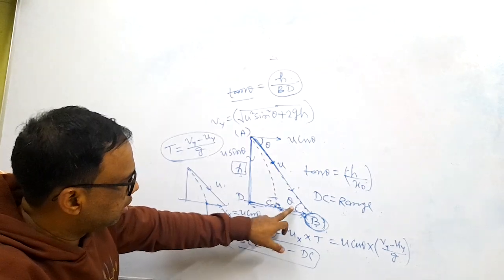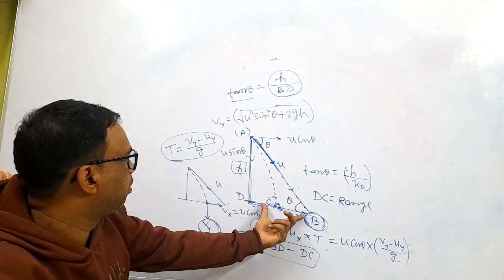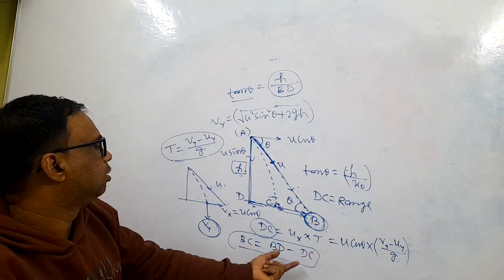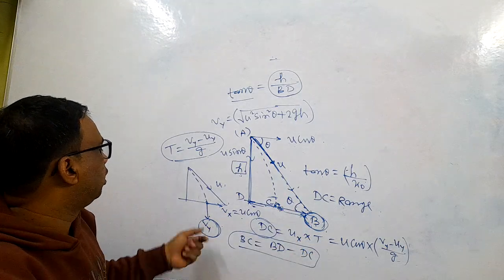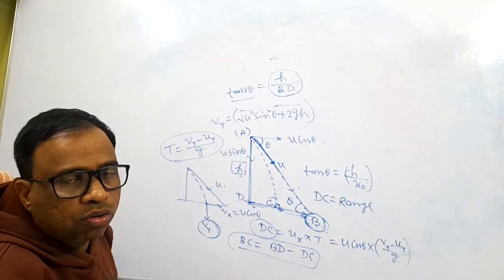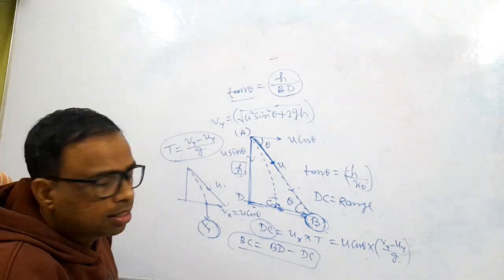If it is theta, then tan theta is perpendicular over base, like this, and you have the time of flight, the range, the gap, and the Vx and Vy. Again you can find the striking angle by tan alpha equals Vy by Vx.